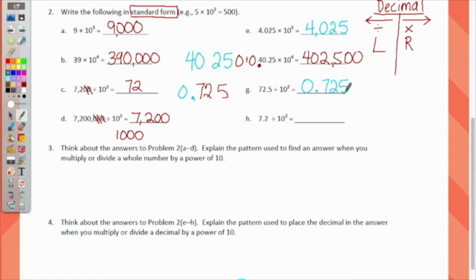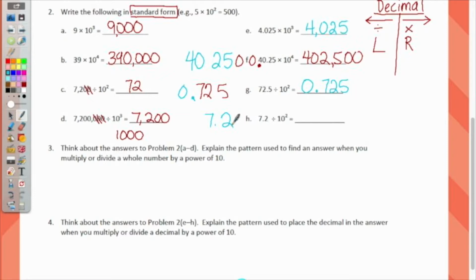Okay, should we check this, or do you feel pretty good about it? I feel pretty good. Okay, 7.2 divided by 10 to the 2nd power. How many place values are we moving? 2.